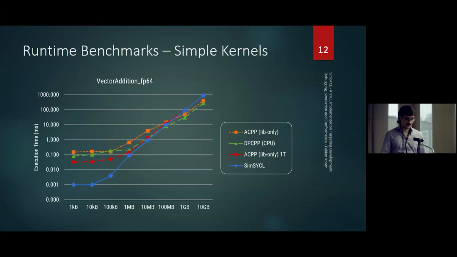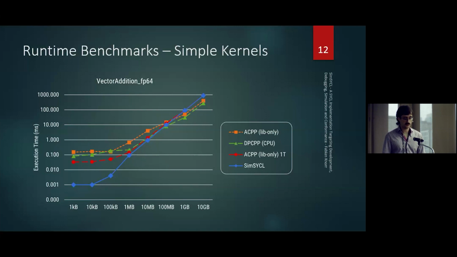Of course, it gets slower as the number of elements increases, and only at a rather large number of elements do both DPC++ and Adaptive CPP exceed the performance of SimSYCL, because they're multi-threaded, obviously, and they can make use of other optimization techniques that SimSYCL can't. But SimSYCL is fast for very small examples, because it has much less bookkeeping to do for submission. When you do a parallel for, it just immediately starts running a loop on the host, so there's less latency there.